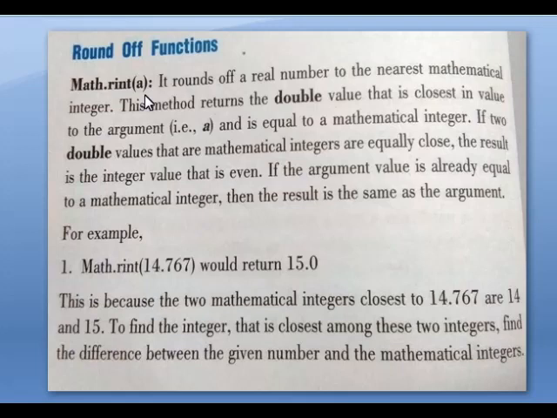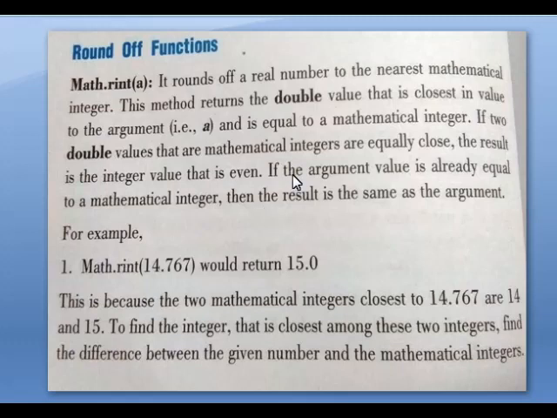If it is equal to 5 or greater than 5, it will round the value to the next nearest value. So it rounds off a real number to the nearest mathematical integer. This method returns a double value that is closest in value to the argument. Argument means the value inside the bracket, and is equal to a mathematical integer.